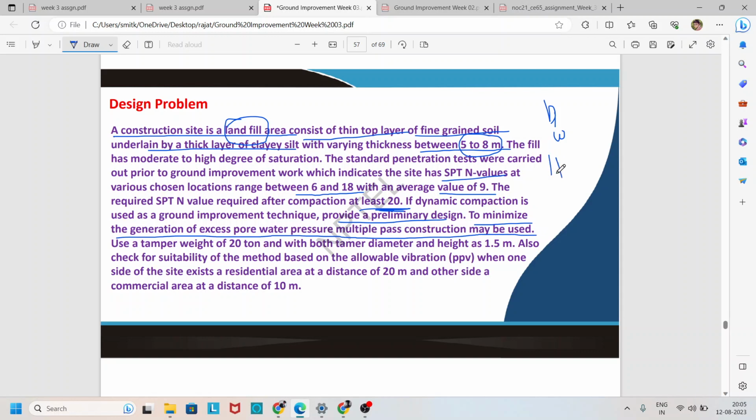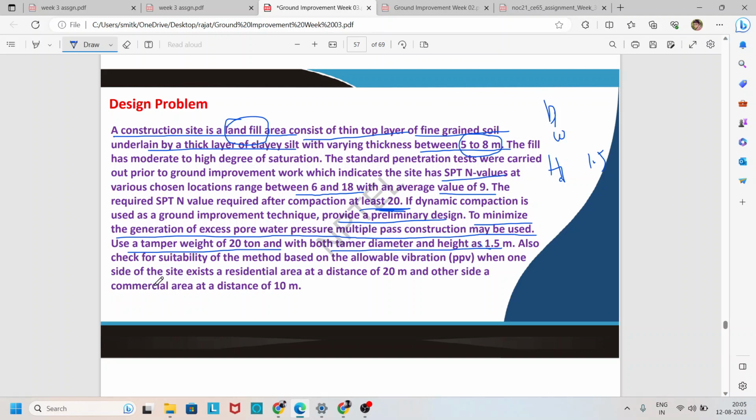Use a tamper of 20 ton, and the tamper diameter is 1.5 meter. The tamper is circular in shape.